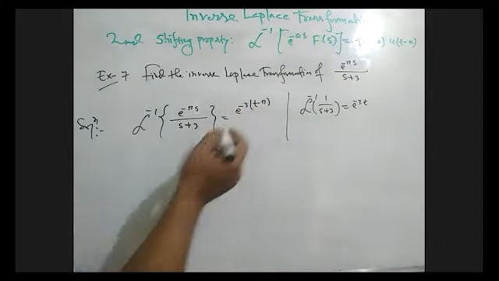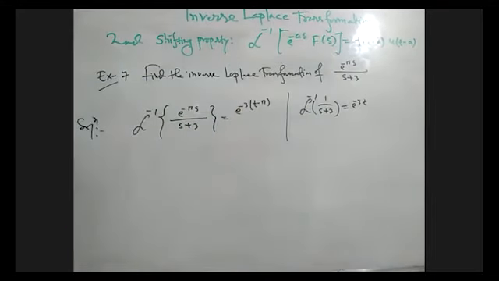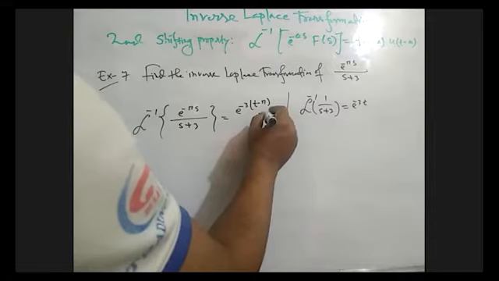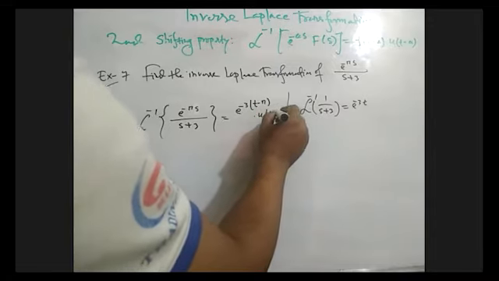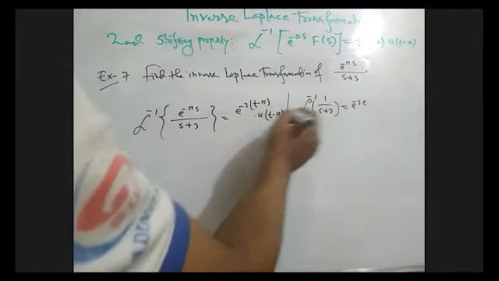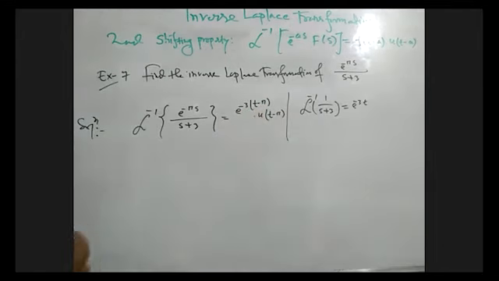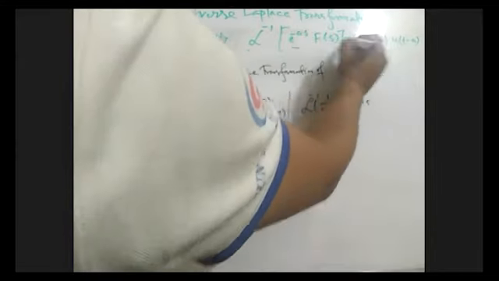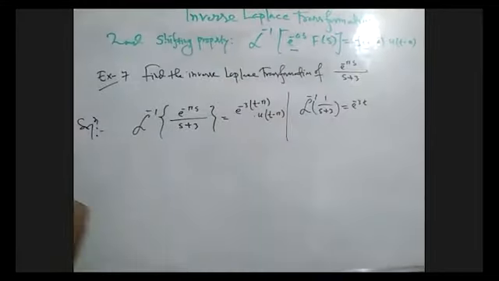This is why t minus pi, and u into t minus a, that means u of (t minus pi). This is the f of t function and this is the u function. So this is the main result.